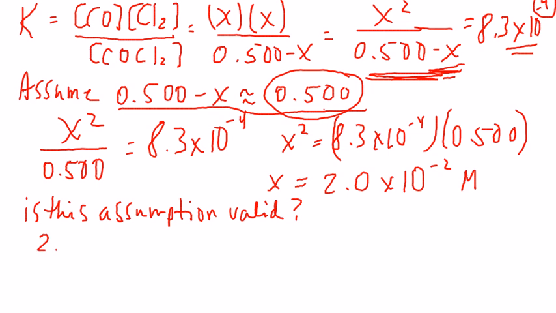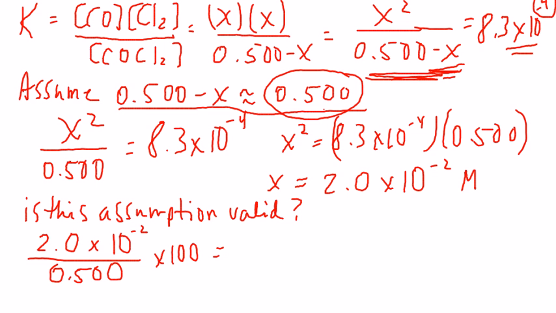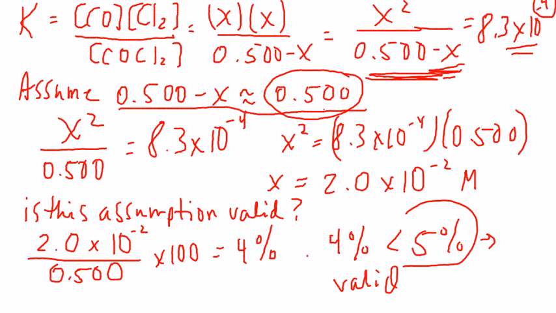We figure out the percentage that breaks off from the 0.500. And this equals about 4%. 4% is less than 5%, so it is valid. So 5% is the target number we're looking at.